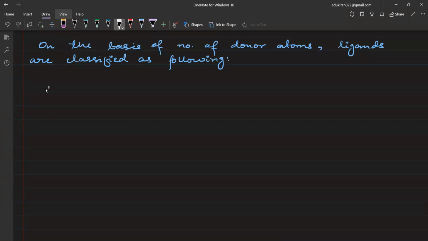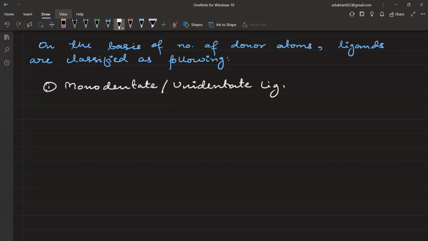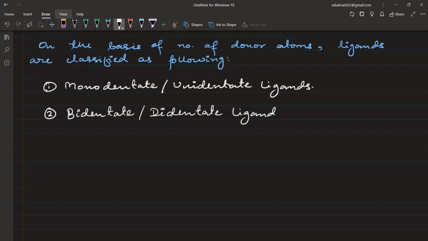Number 1, monodentate ligands. We also call these unidentate ligands. Second is bidentate or didentate ligands. Third, we have polydentate ligands.